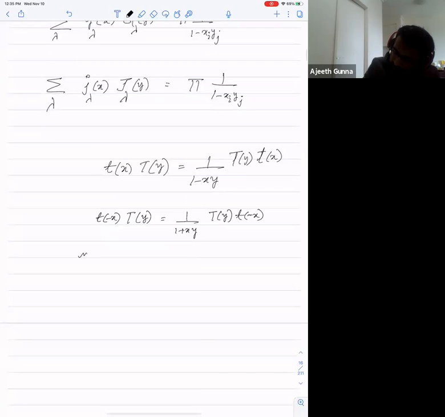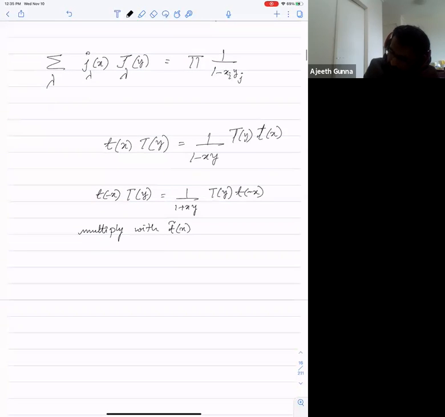Now we multiply with T tilde of x on both sides. This will give you T of y times T tilde of x times 1 plus xy equals T tilde of x times T of y.